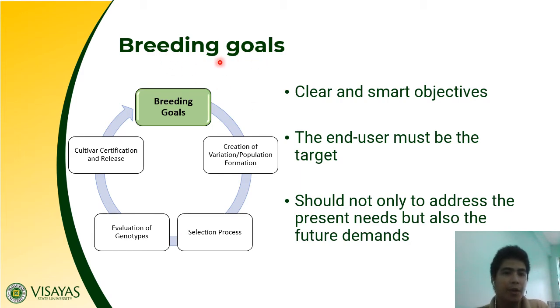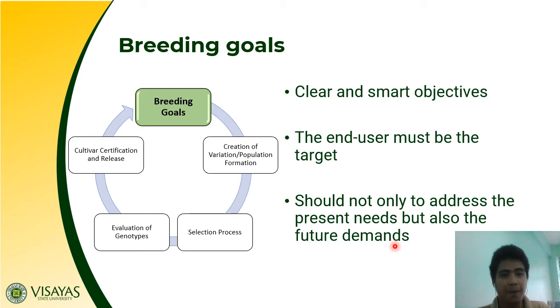So whenever you formulate your breeding goal, it must be clear and SMART. SMART stands for specific, measurable, attainable, realistic, and time-bound. Now, your breeding goal must also target a specific end user or group of end users. So later on I will discuss to you what are the groups of end users. Your breeding goal must not only address the present needs, but also the future demands.